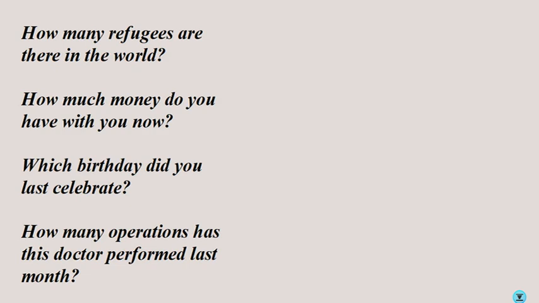For example, let's say this doctor operated on 13 patients last month, and that your last birthday was the 15th. And how much money you have with you right now is something like 12.45 JDs. Well, as far as refugees in the world, there is a number, but it might not be easily calculated.